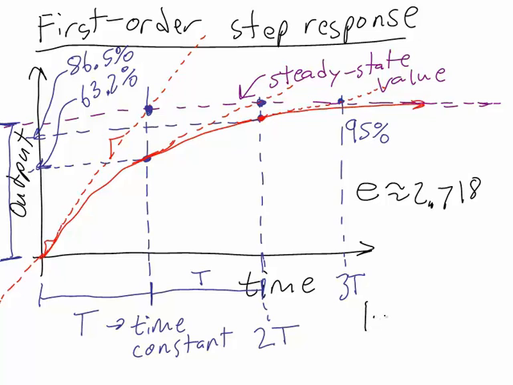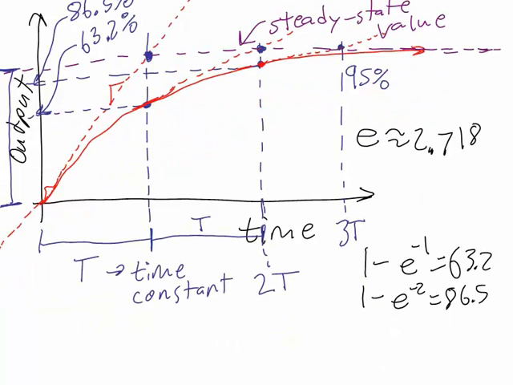Now, if I would calculate 1 minus e to the minus 1, it would give us the value 63.2. If I would then calculate 1 minus e to the minus 2, it will give the value 86.5.